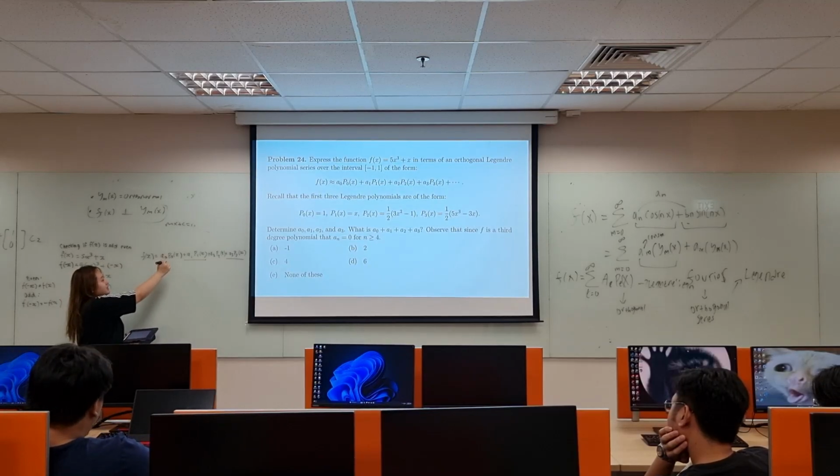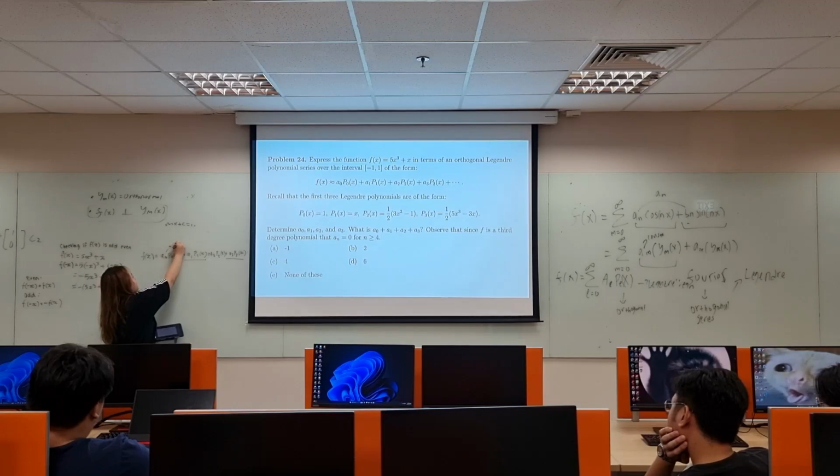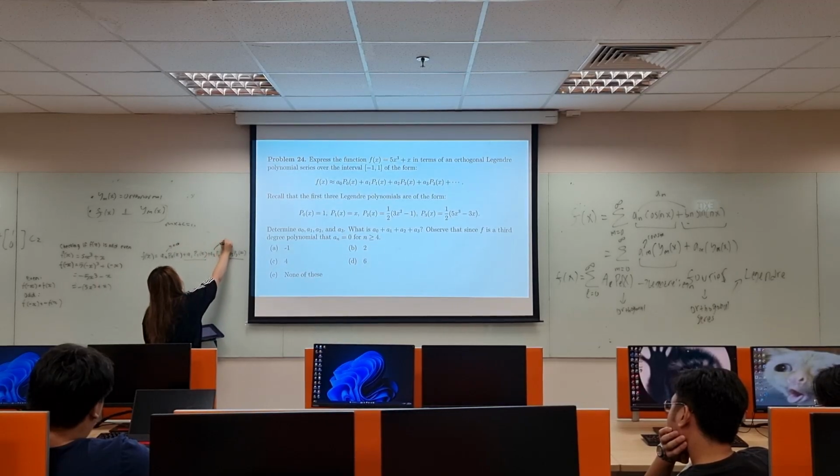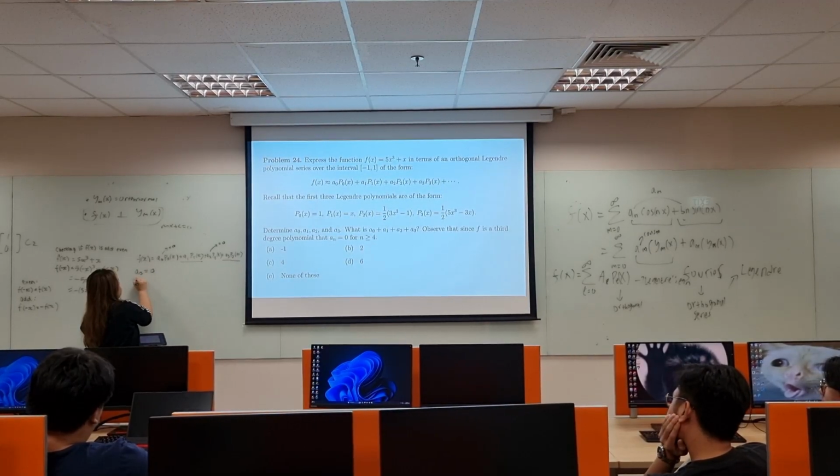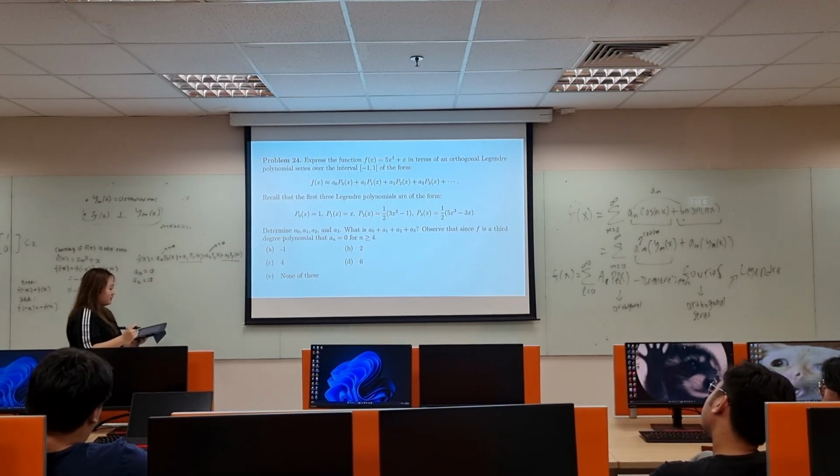The even ones are equal to 0, meaning a0 is equal to 0 and a2 is equal to 0.